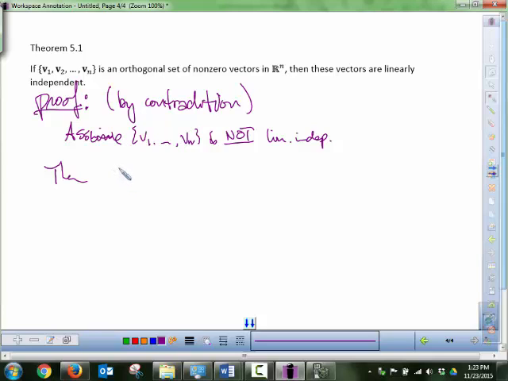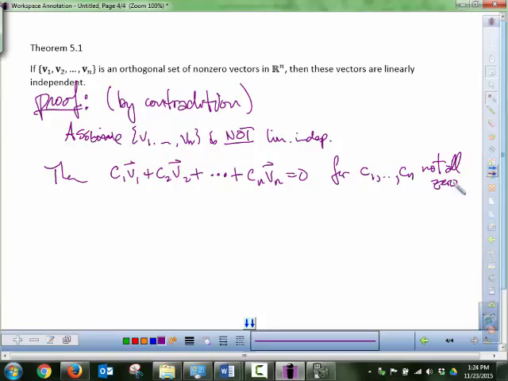Then c1 v1, scalar c and vector v, plus c2 v2 plus dot, dot, dot plus cn vn equals 0 for c1 up to cn not all 0. Let me think about this.